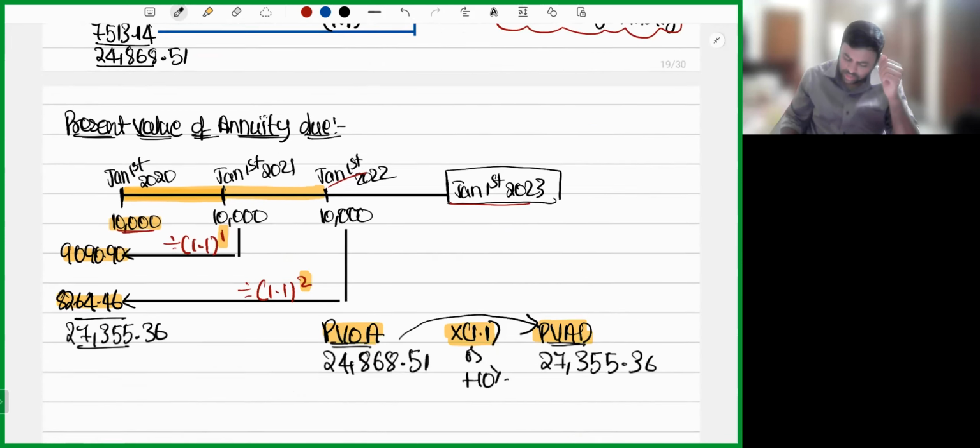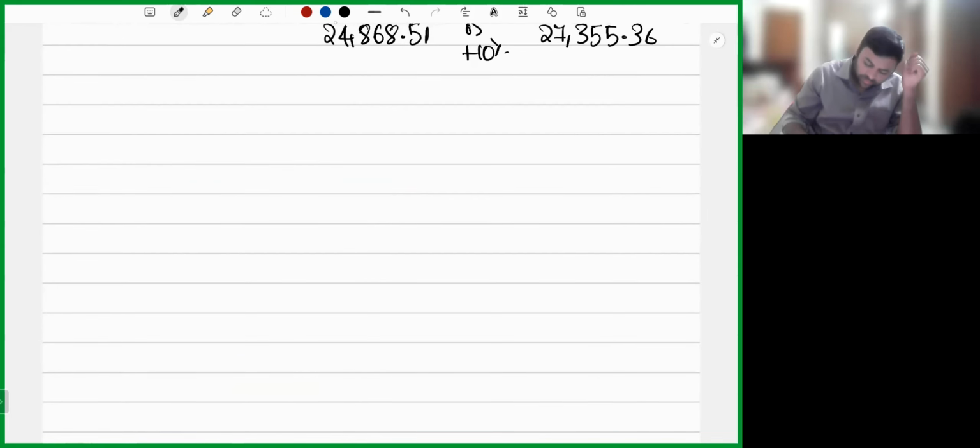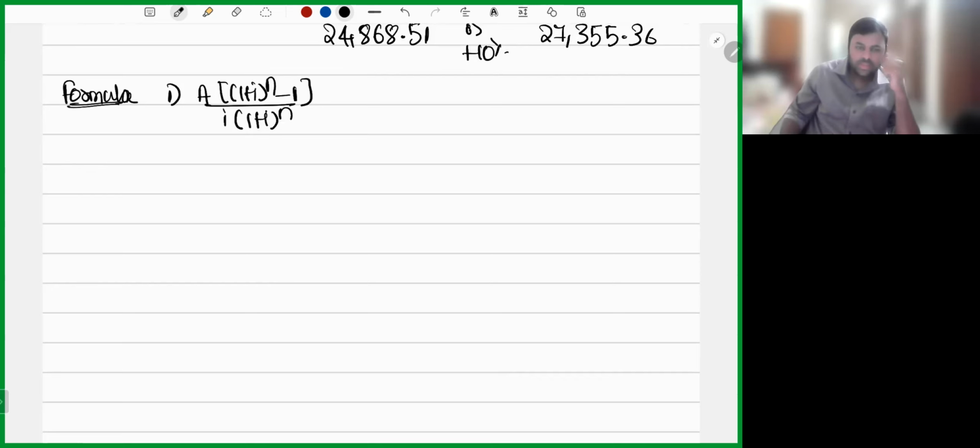There is no issue. Use the calculator technique, what I'll teach you now. Now, what is the formula? You are having multiple formulas. First formula: A into (1 plus i) whole power n minus 1, whole divided by i into (1 plus i) whole power n.